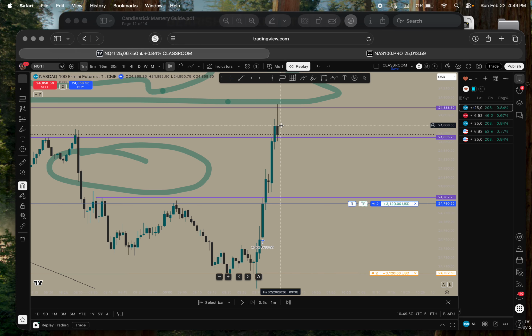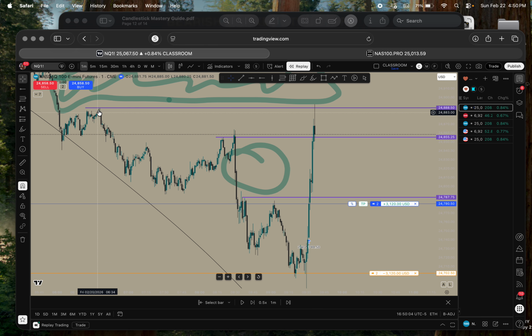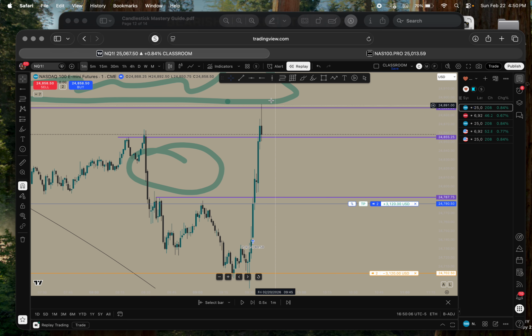Okay, I've got this candle, which means, and again, I can't play it live with time, but clearly price came up here, right? If price came up here at some point, that's great, because price came up and acknowledged this relatively equal high up here. That would have been great. Price took that out, and now it's reversing.